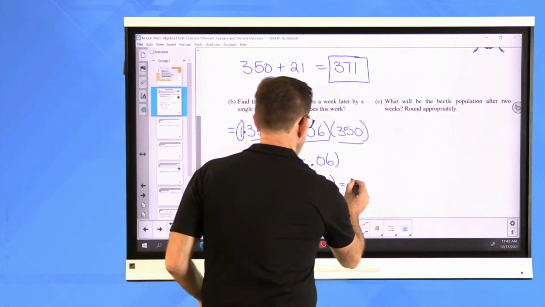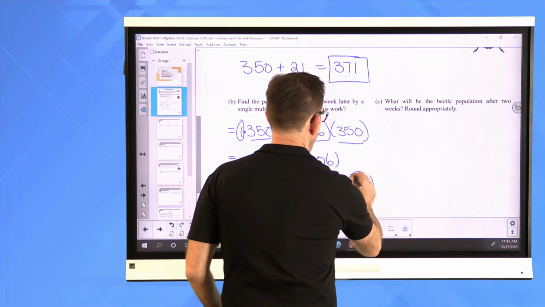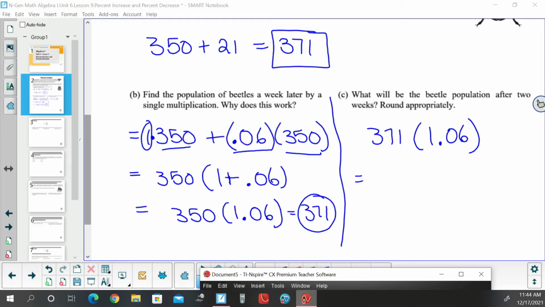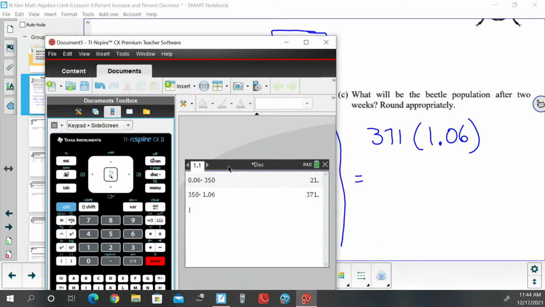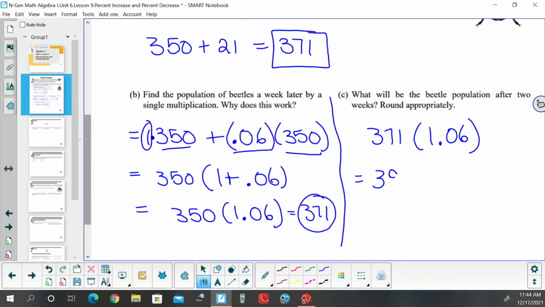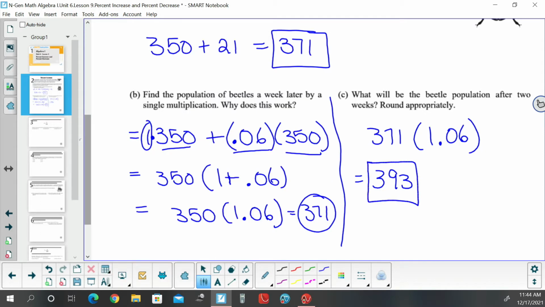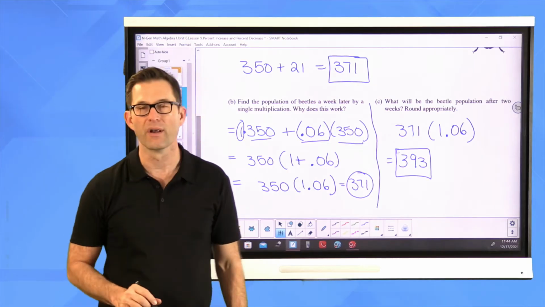But now we can do it much faster by just taking 371 and multiplying it by 1.06. When I do that, 371 times 1.06, we get 393.26. We can't have 0.26 of a beetle, so rounding appropriately, we have 393.